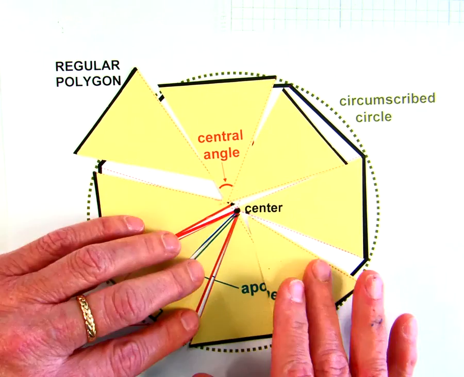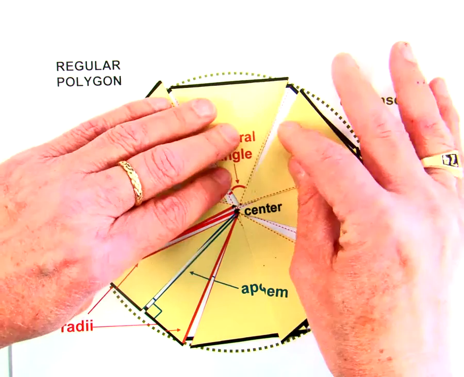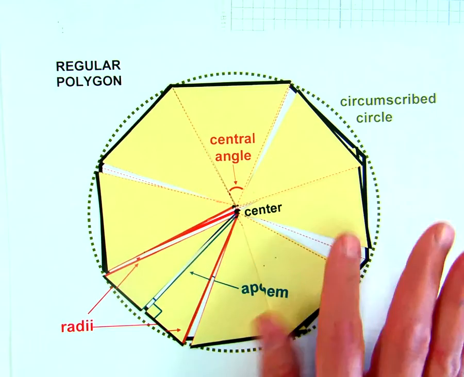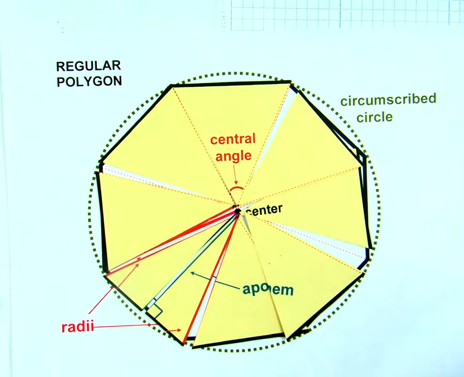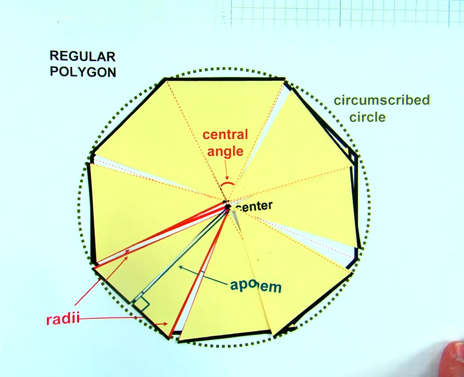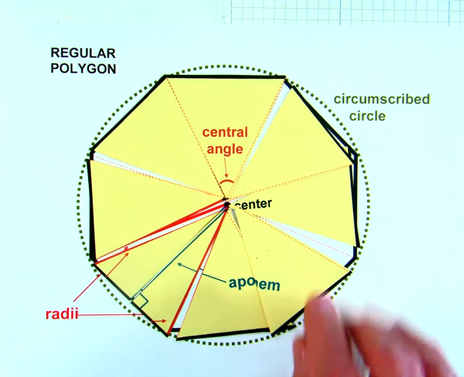Here we have our octagon. I'm going to cut it into these pie shapes and see how I can find area.